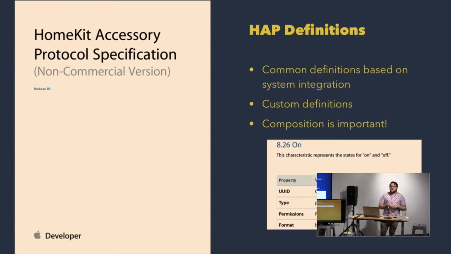Services are usually just ways for it to group characteristics together or give it a pretty icon. But it knows mostly about how you assemble the characteristics, and it can make good guesses about what kind of UI it can show to the user.